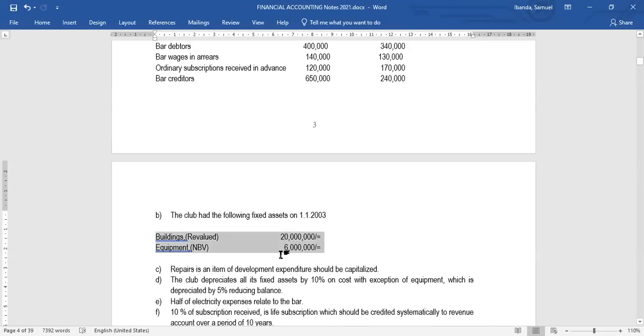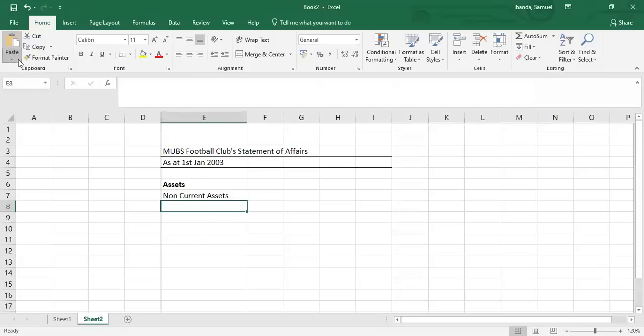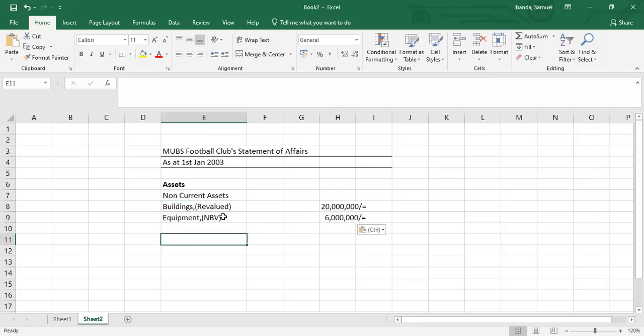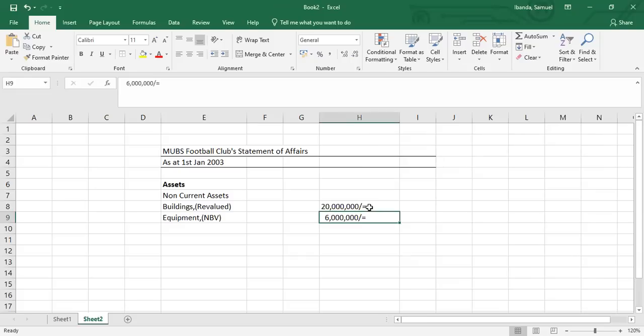So we basically just pick these and transfer them to the other side. So that is what we have.